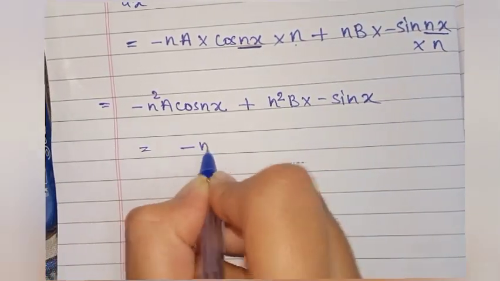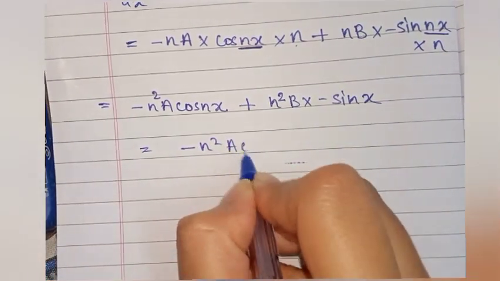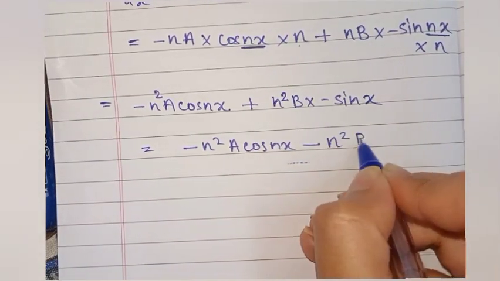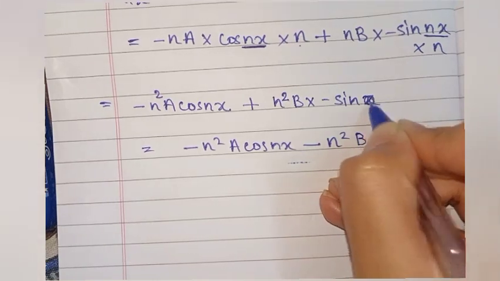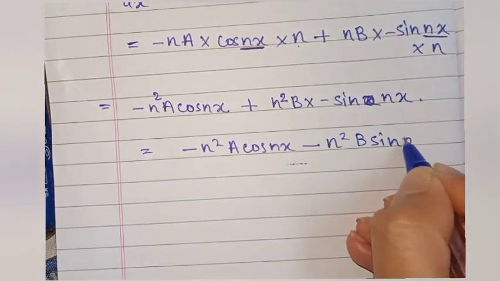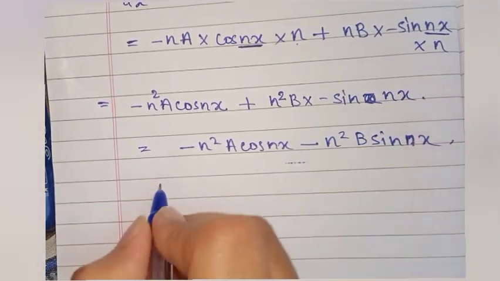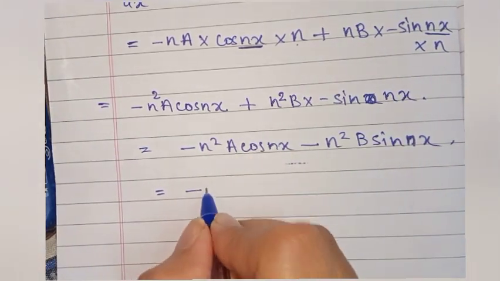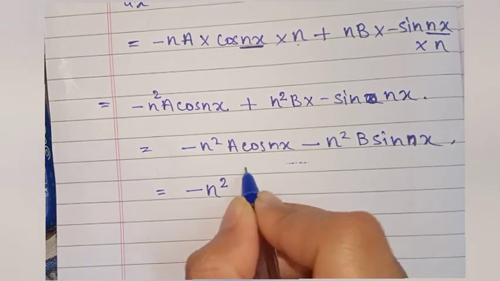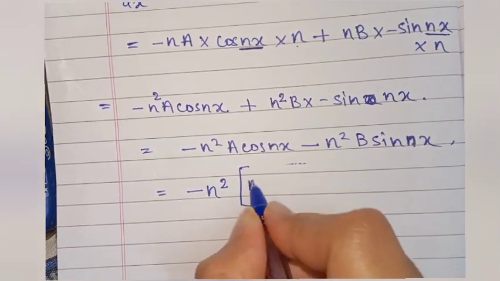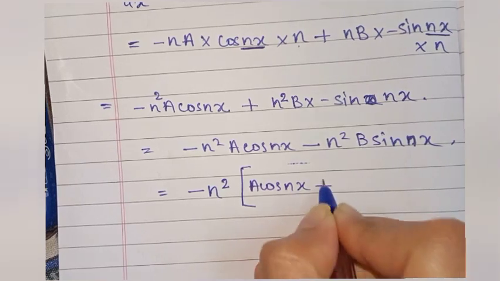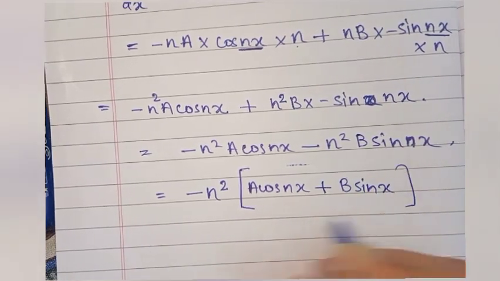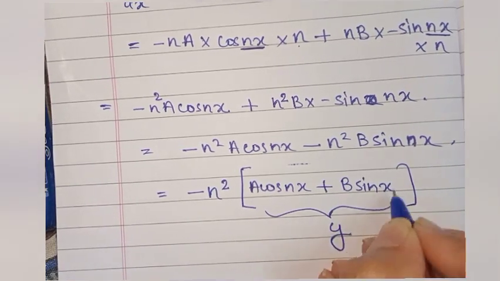So we will get minus n square a cos nx minus n square b sin nx, which will be equal to, we take minus n square outside, so minus n square into a cos nx plus b sin nx.